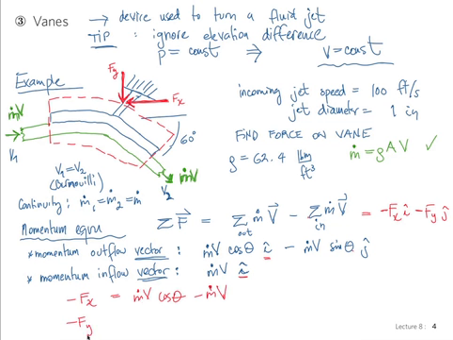And minus Fy in the y direction, I only have one contribution, which is the outflow contribution in the vertical direction, m dot v sine theta, sorry, forgot the sign here, from here. And everything is known.